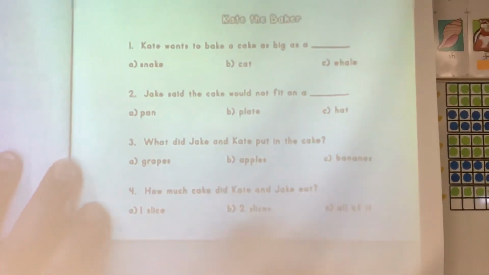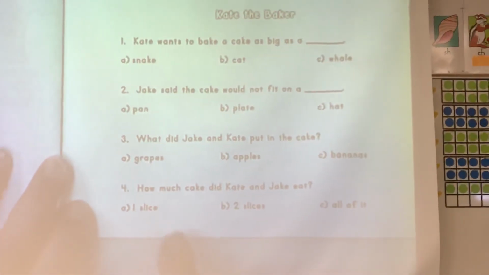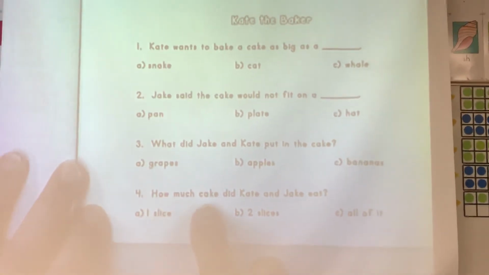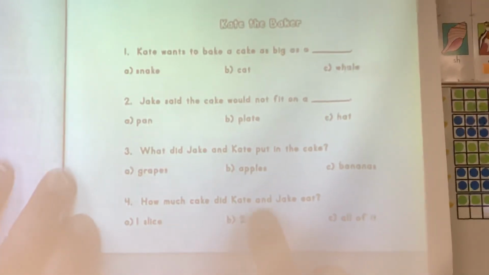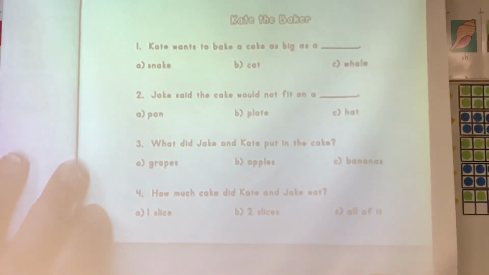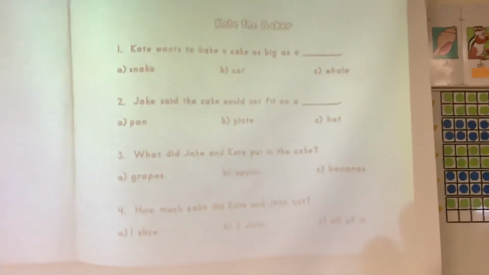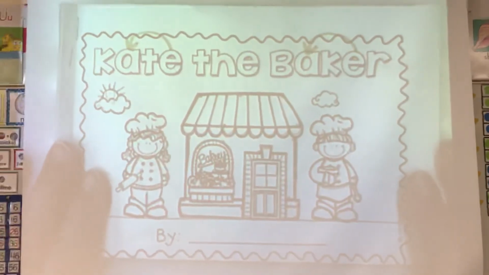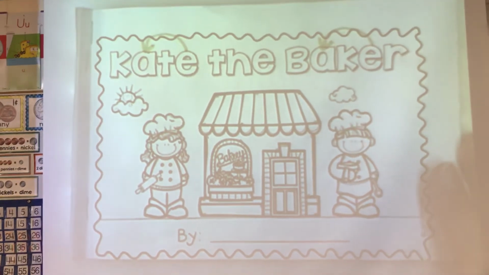Ooh, look at those choices. Circle your answer. How much cake did Kate and Jake eat? Look at your choices. Now tomorrow you will be reading this book to me, so make sure you practice it.